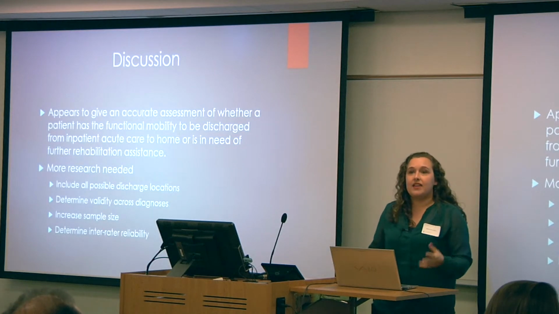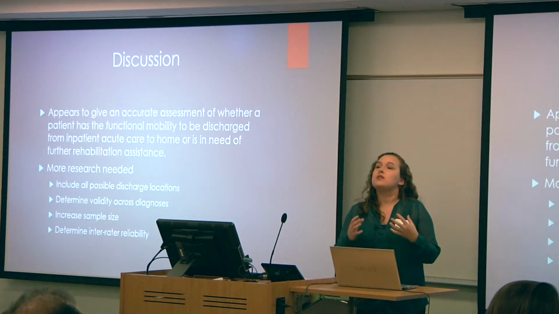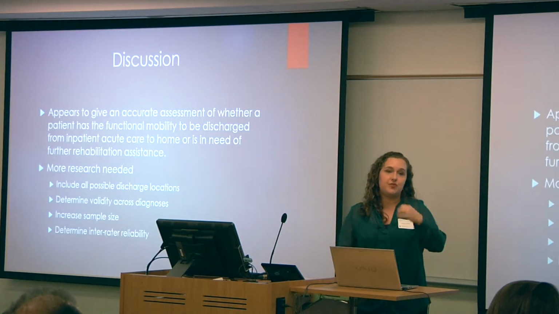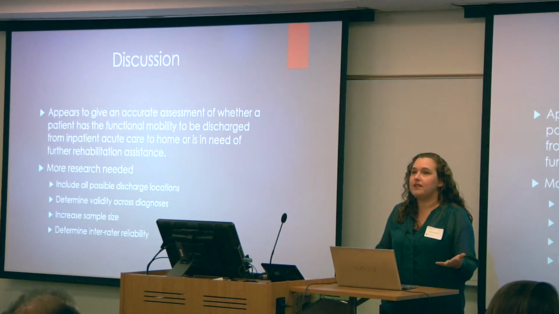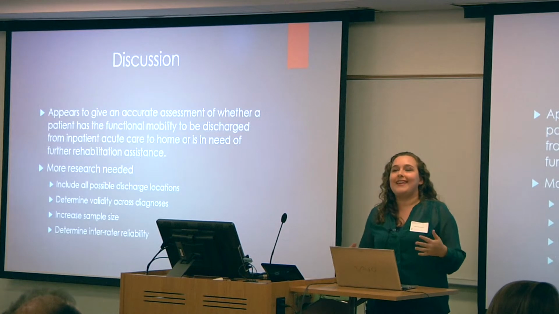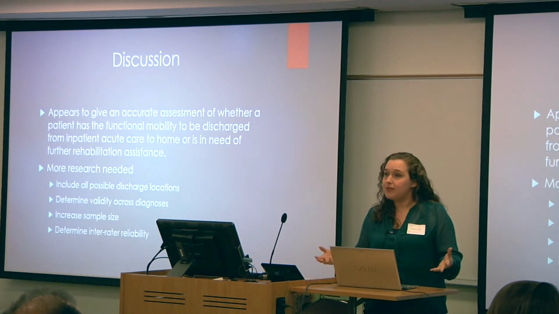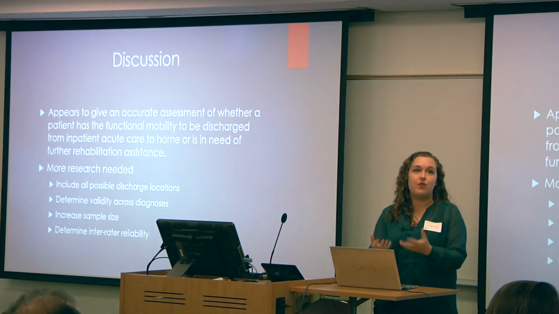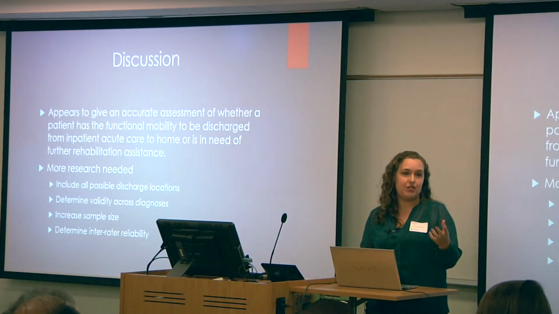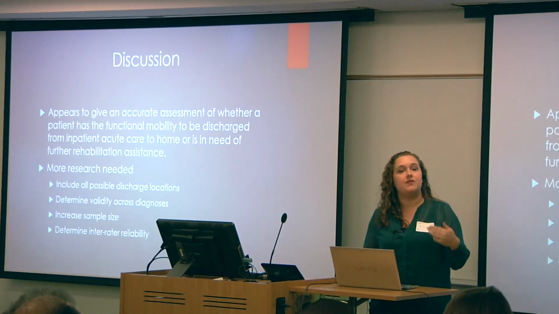Discussion. The KUH does appear to reflect the place the patient will be sent to. Only looking at a small number of patients, I can't say it's predictive of where you will send them because there's so many other things involved in where a patient should be sent than just their level of function.